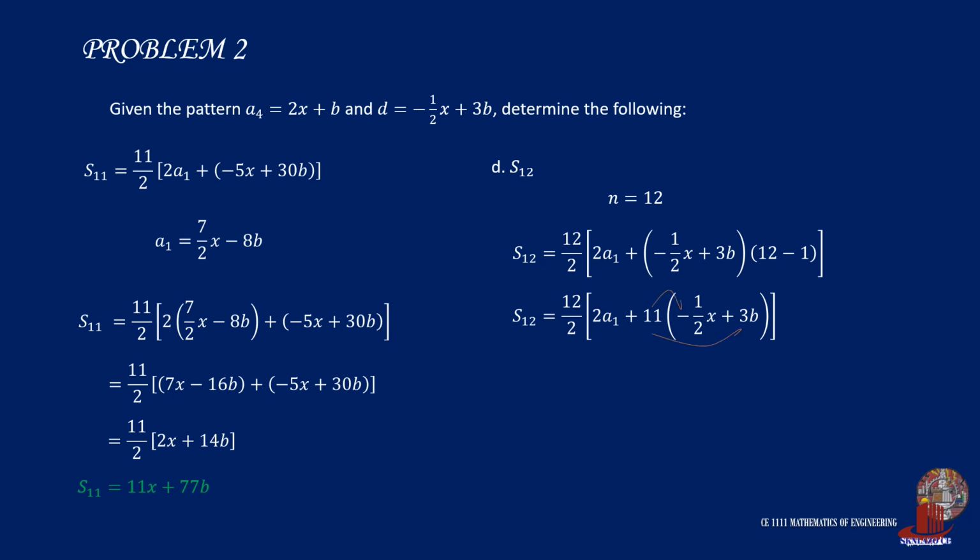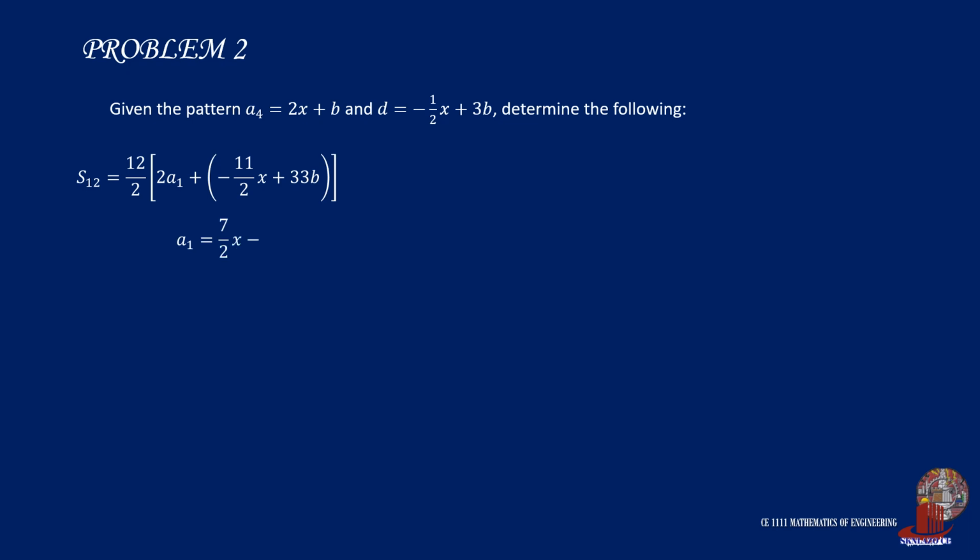Distribute 11 to the binomial terms and get 12 halves of twice of a sub 1 plus negative 11 halves of x plus 33b. Now all we need to plug in is a sub 1, which was solved earlier as 7 halves of x minus 8b.